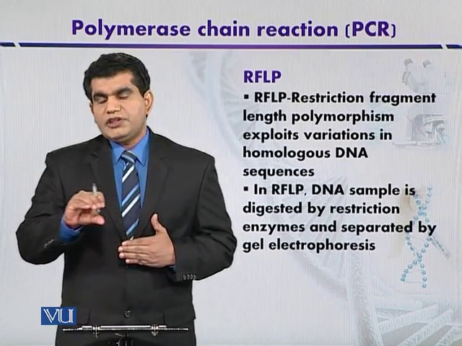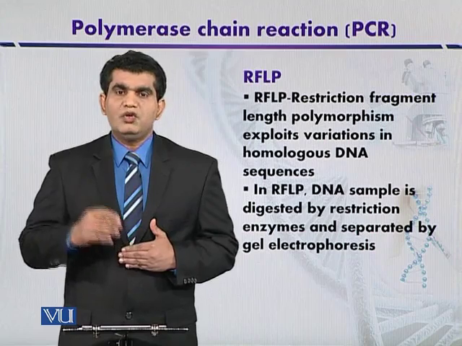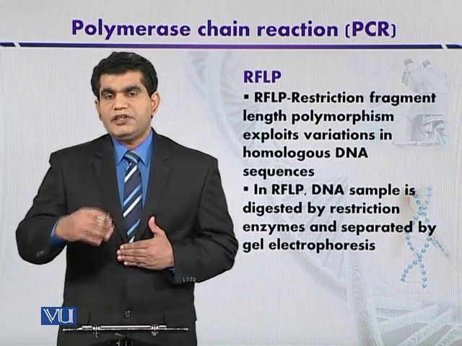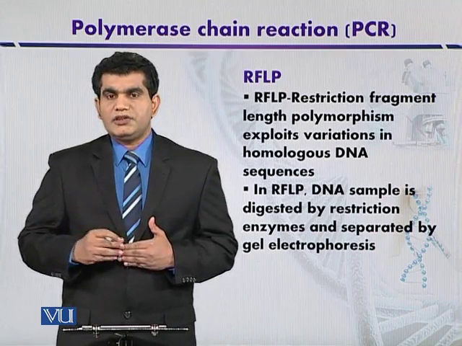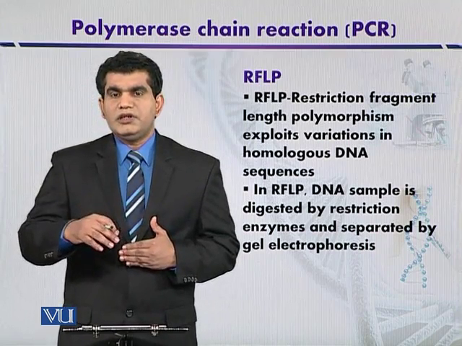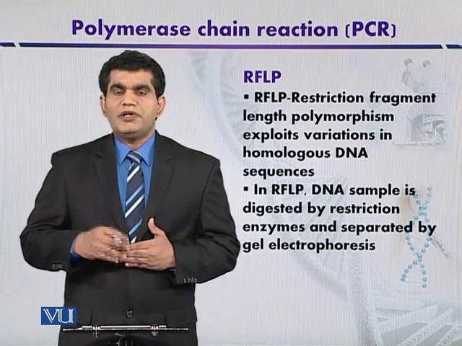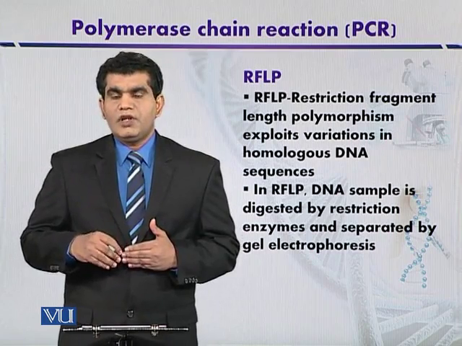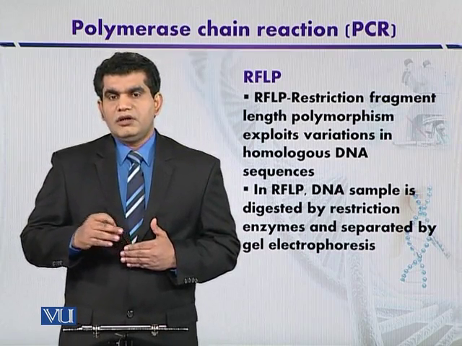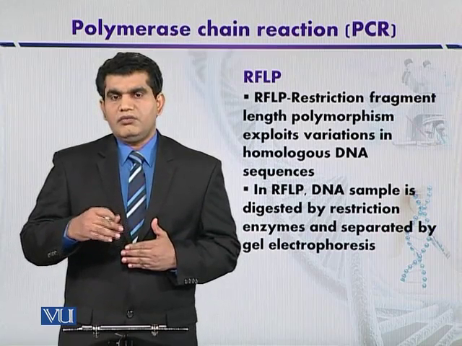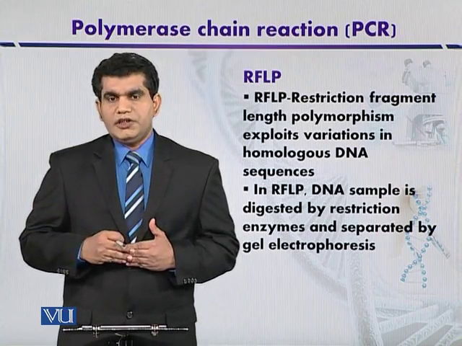Now what is the benefit of the 0.1% variation in the human genome? How can it be used, and why can these variations be used to study different matters related to human daily life? Suppose 0.1% variation is there, and it may be that 1000 base pairs may have one nucleotide change.